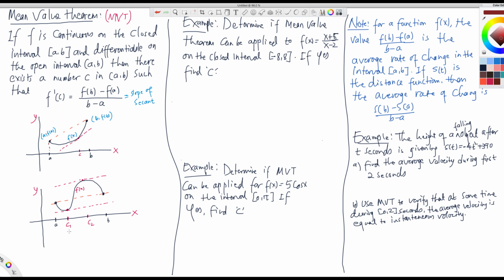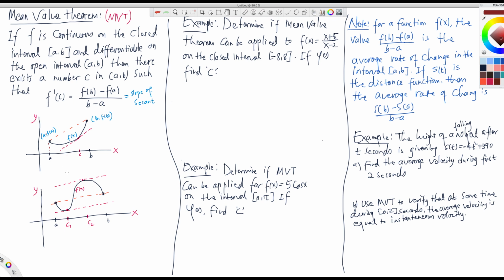Let us look at this example. f(x) is that black curve. What is the secant line joining the endpoints? This is one endpoint, this is another endpoint, and I join them; that's the secant line. The function is continuous everywhere. The function is differentiable everywhere because there is no sharp corner or cusp.